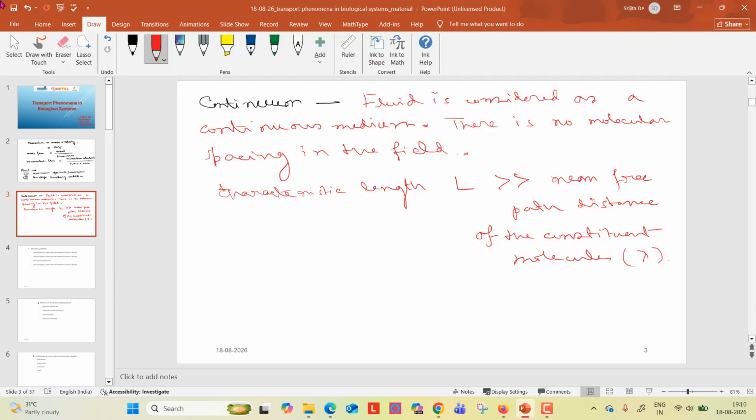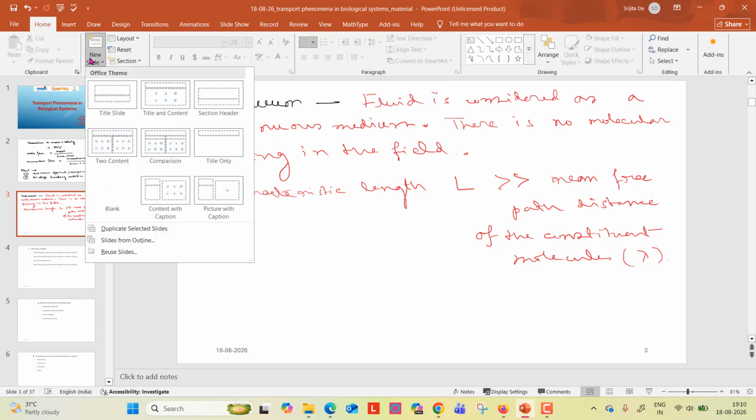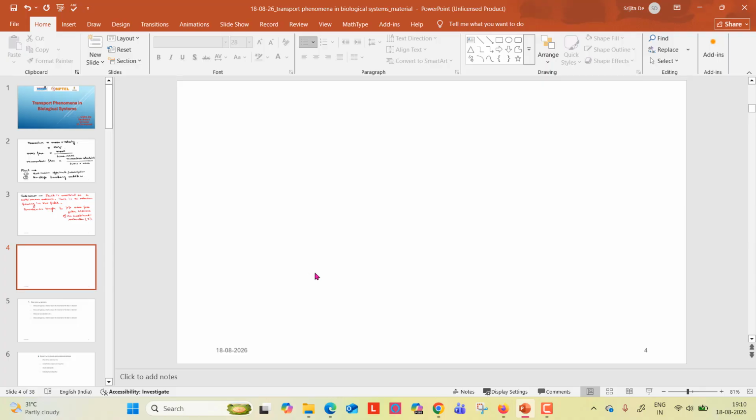The second one is the no slip boundary condition.